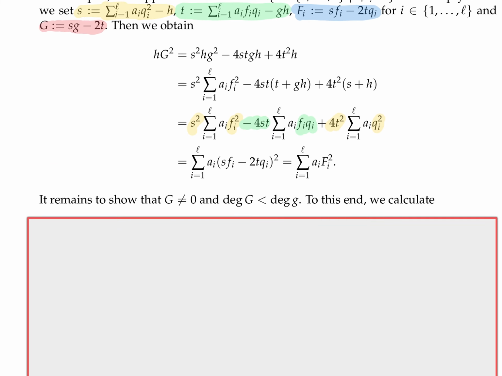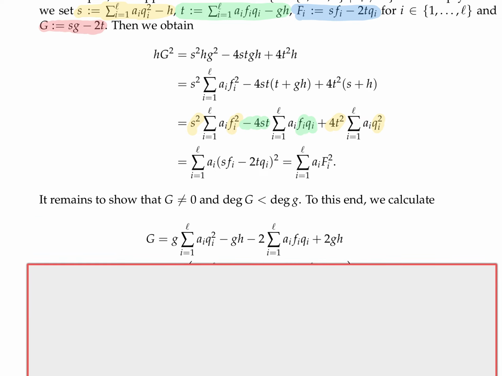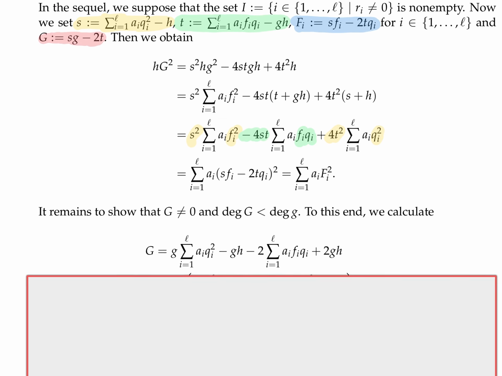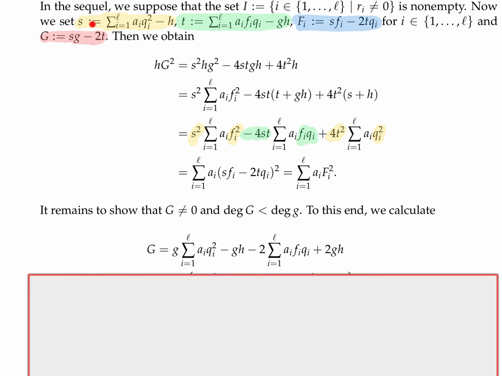So it remains to show that capital G is not a zero polynomial and the degree of capital G is strictly smaller than the degree of g. To this end we calculate, okay, let's see. So G is SG minus 2D. So G is therefore, okay, s is this yellow term here.